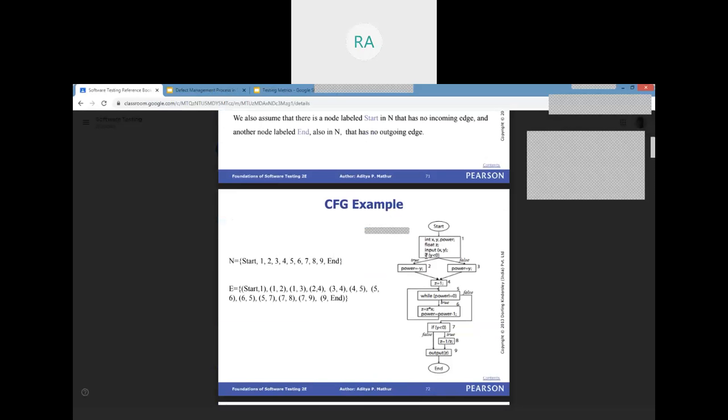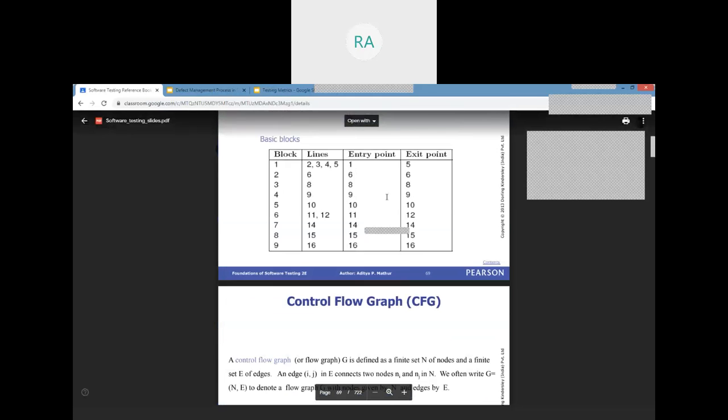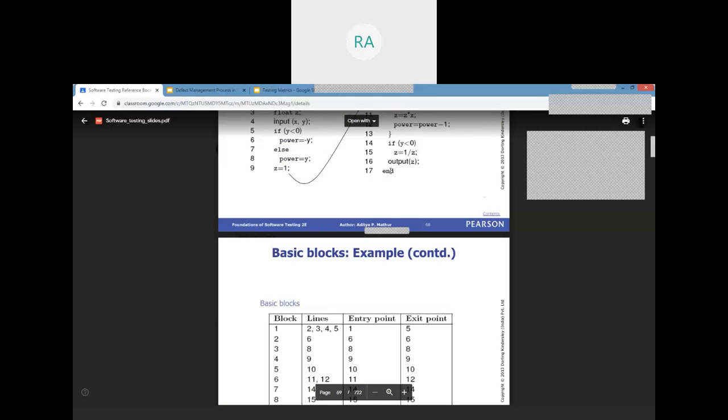Since it has the conditional statement, if y is less than 0, let us go through the code if you are not understanding. See here, line number 5 is included in basic block number 1. So block number 1 can go to block number 2 if it is true. Otherwise, it also has the option of moving to the third block, having line number 8, if it is false.